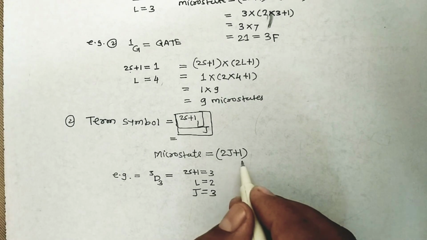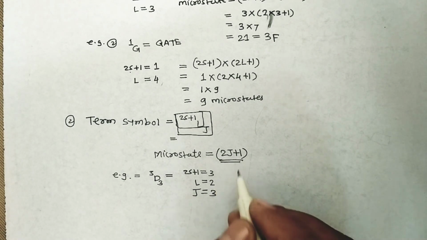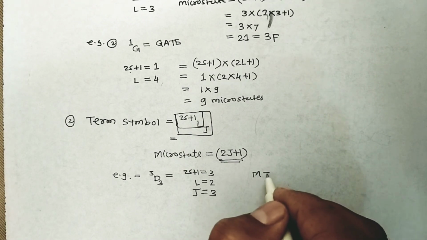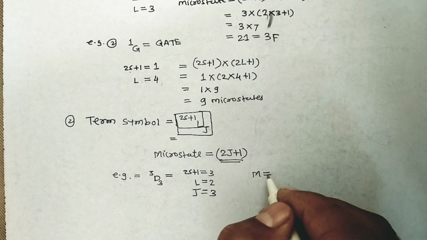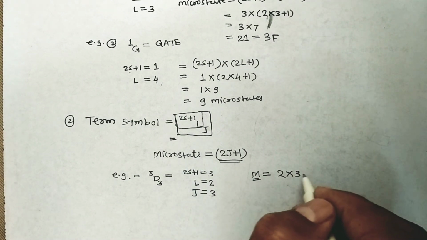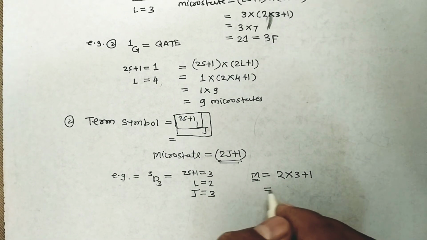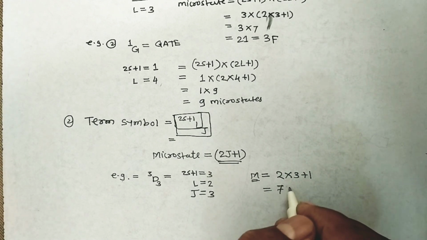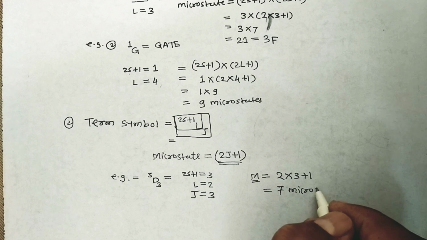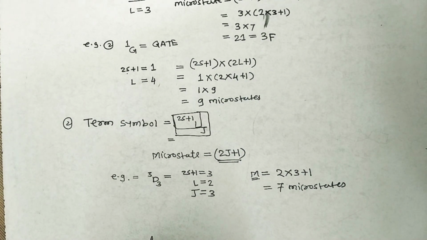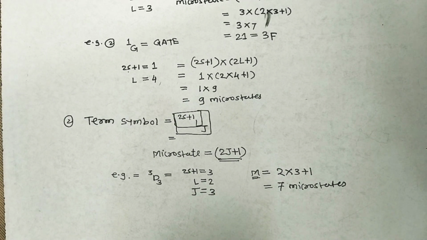But here you should use only this formula, 2 into J plus 1. Therefore the number of microstates is equal to 2 into 3 plus 1, that is 6 plus 1, which is 7 microstates. So 7 microstates for the 3D3 term symbol.